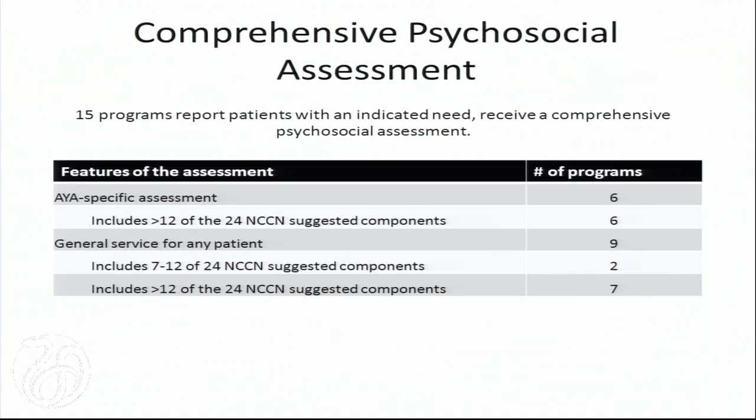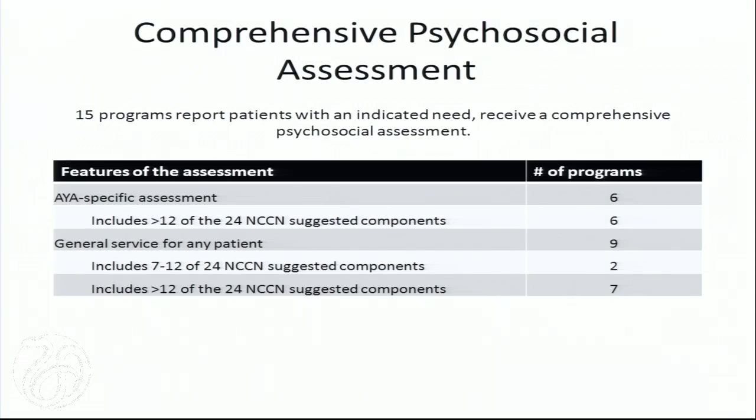I pulled comprehensive psychosocial assessment out as its own. You'll see some other tables that collapse information a little bit more. But I wanted to show this on its own because, as a licensed clinical social worker and a psychosocial researcher, comprehensive psychosocial assessment is extremely important in my world. And so I feel like this is important to talk about on its own.